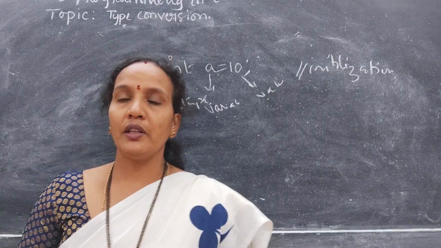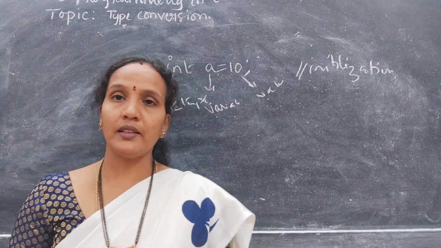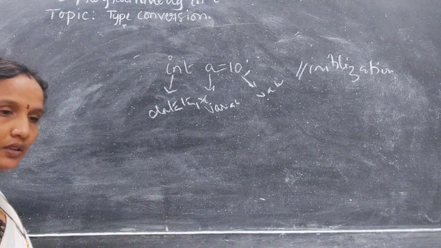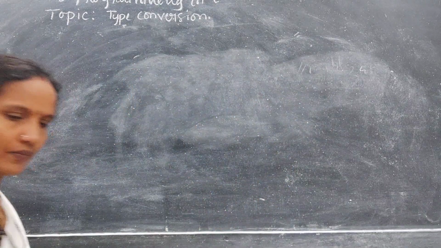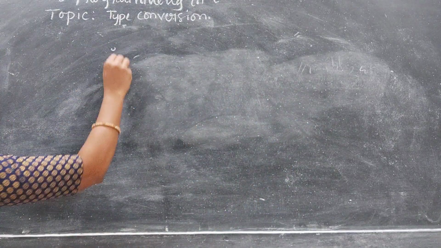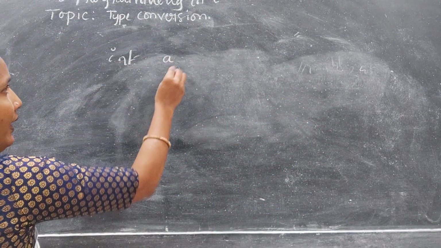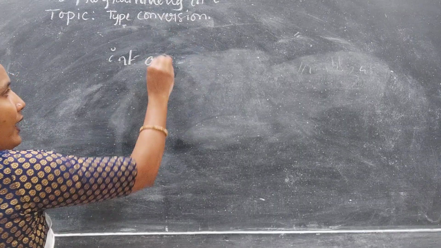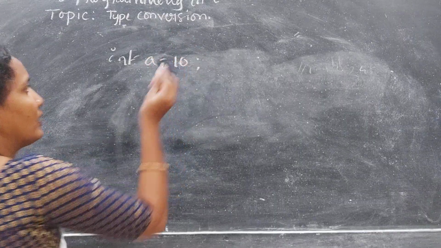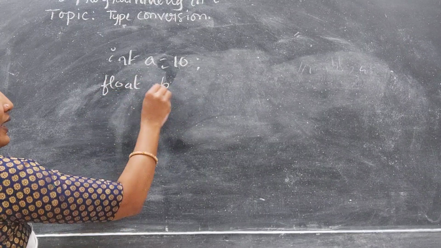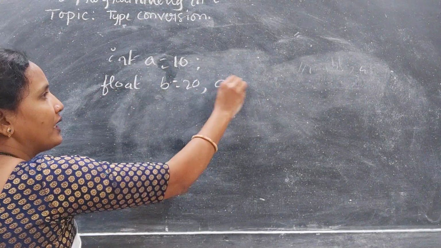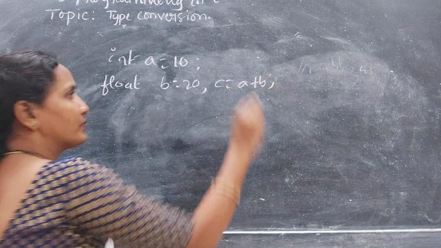Now type conversion is nothing but, here is an example. Before that, I will give you an example so that you can understand very easily. int a equals to 10, float b equals to 20, c equals to a plus b.